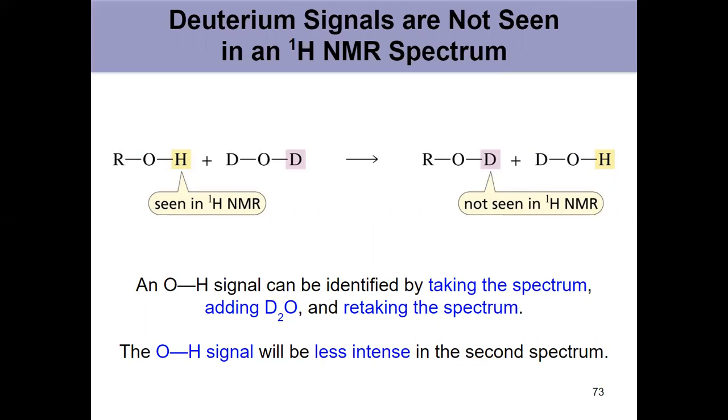Remember, deuterium is the heavy isotope of hydrogen, with a neutron. If you put your alcohol in with deuterium, it'll undergo proton exchange. It'll pick up a deuterium, and deuterium is not seen in NMR. It's not NMR active, so your peak decreases in intensity.